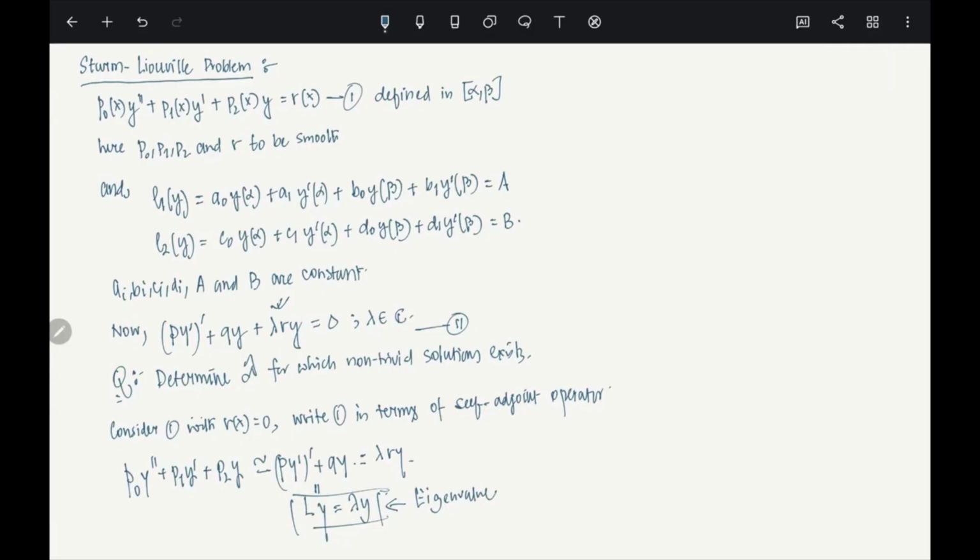Now let me formally introduce the problem, and then we are going to look at some properties of this. Consider the differential equation (p y')' plus q y plus lambda r y equals 0. For Sturm-Liouville boundary value problems, we are always going to consider a self-adjoint differential equation.